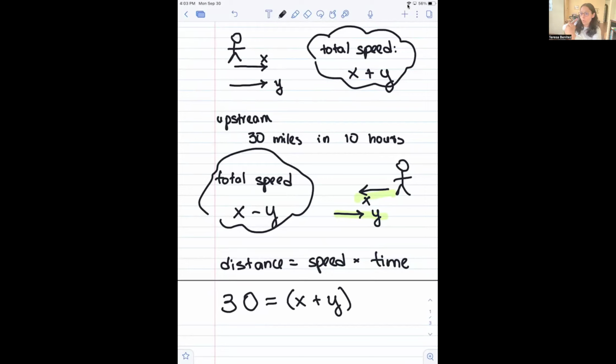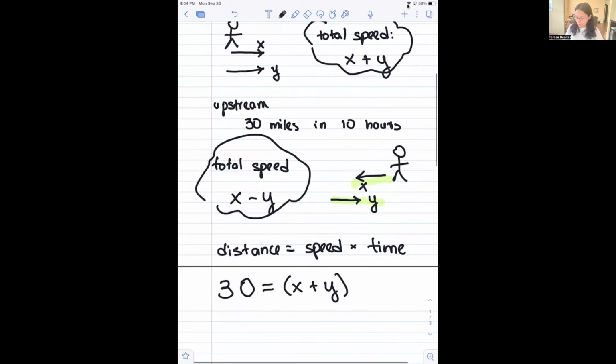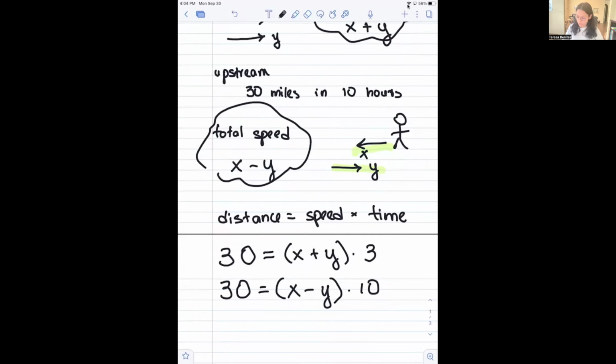He's traveling back, the water is pushing him back. So it takes him longer. So in the other direction, he's still moving 30 miles, but his speed is x minus y. And this one took him 10 hours versus this one took him 3 hours, okay?